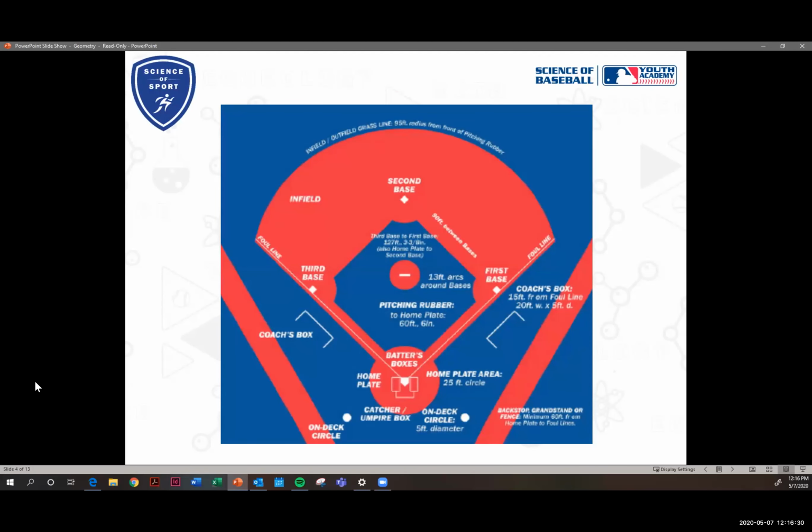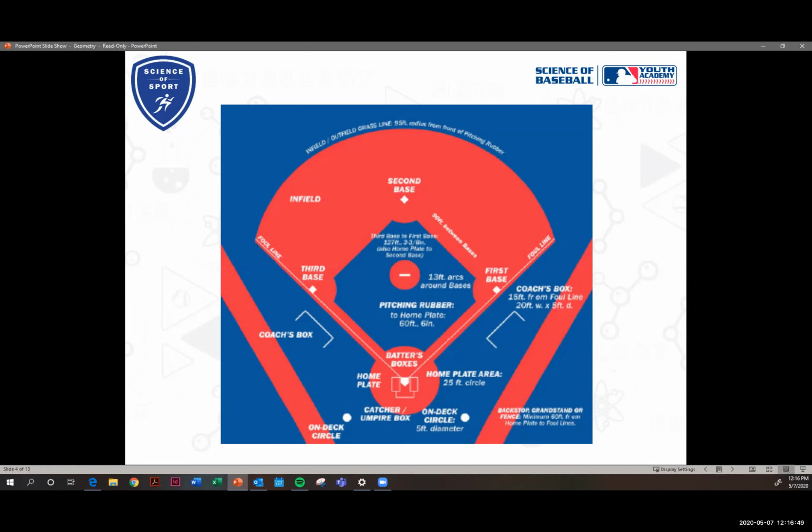If you look at the infield, I wanted to point out a couple of relevant dimensions. The first one is the distance between the bases. You'll see between first and second base, it's labeled 90 feet.